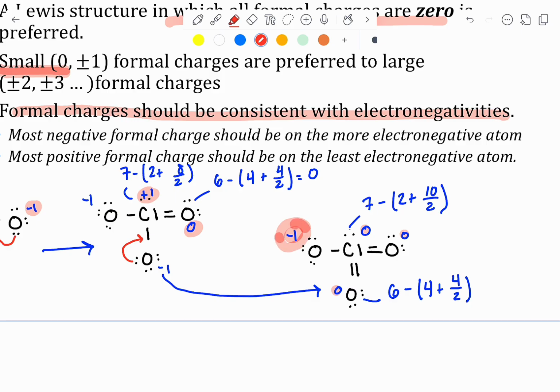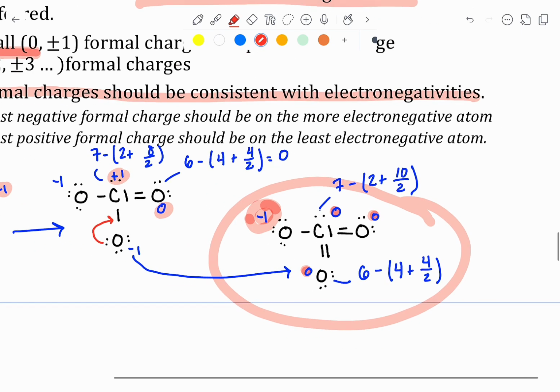So technically, because I've minimized my formal charges on these other atoms, and my more electronegative atom has a -1 on it, it's the more negative formal charge, this is our preferred structure of ClO3-.